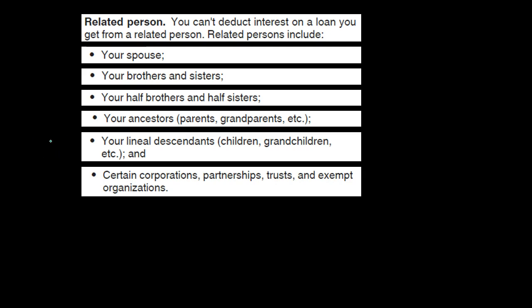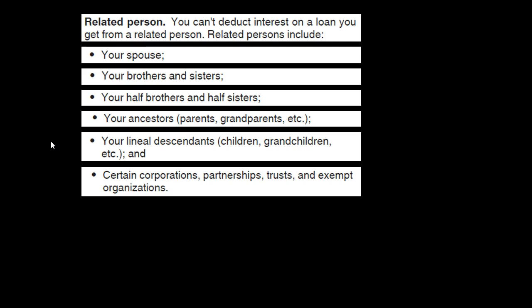So typically, again, most of the loans are probably going to be more formalized loans for most educational purposes, but it's quite possible, of course, to get a loan someplace else. If we get a loan from a related person, the IRS is often very skeptical of that and may not give any benefit for that.